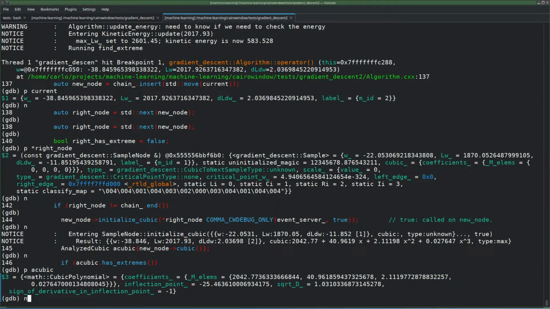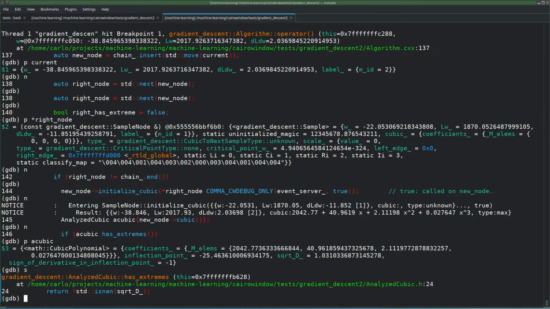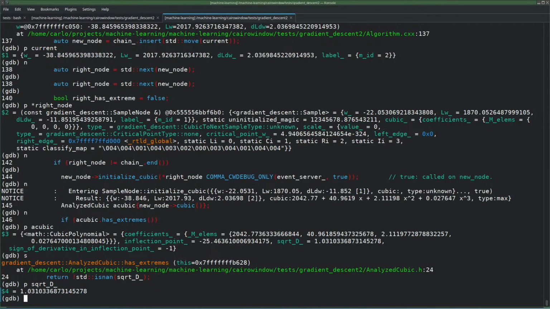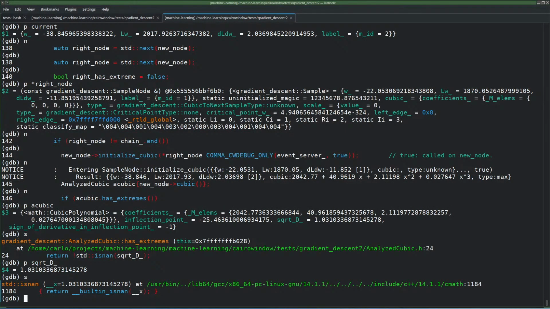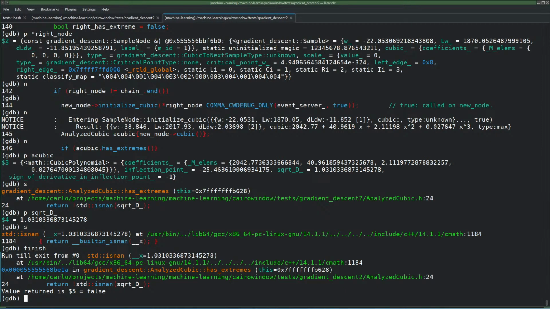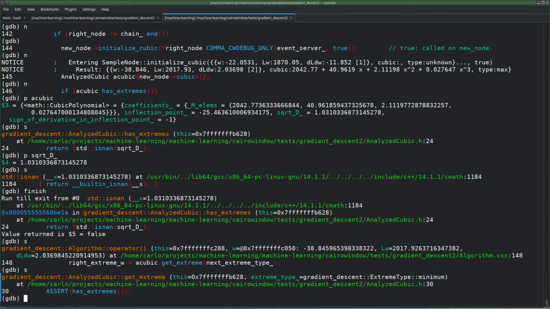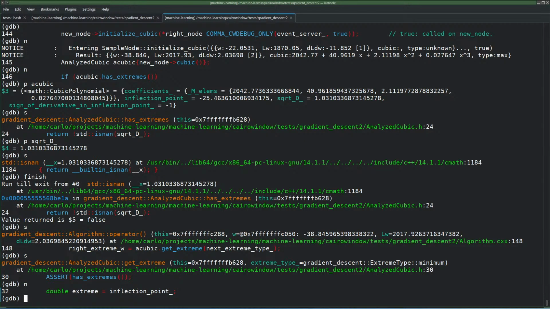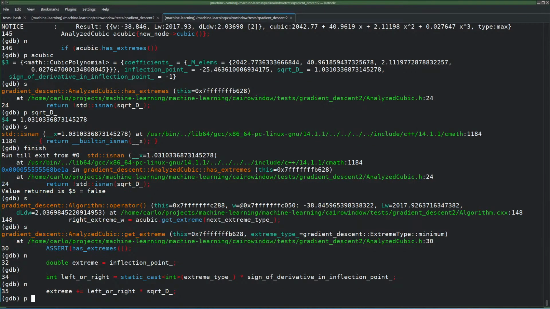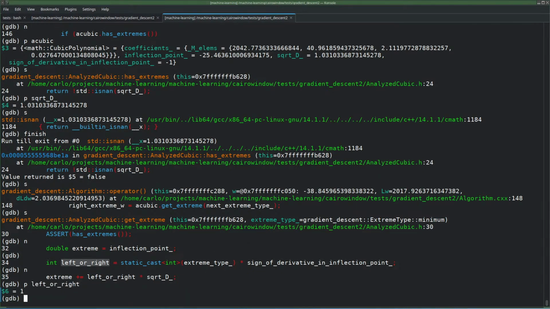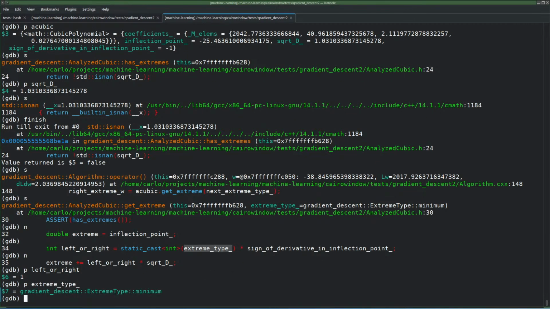But let's continue anyway. Next, wait a minute. Has extremes must return true, because the square root of d is a number. Well, that's correct.